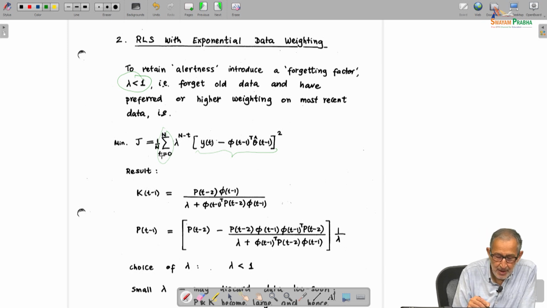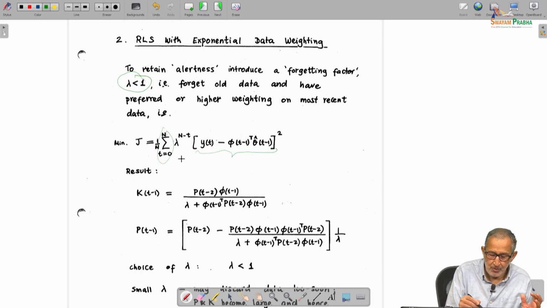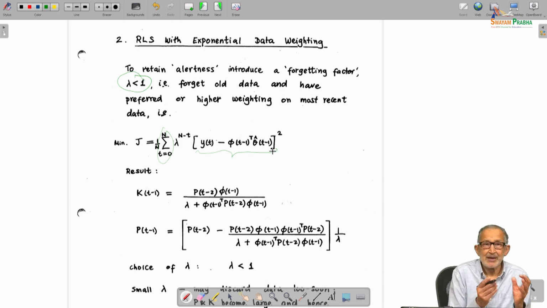However, when t approaches n minus 1 or n minus 2 and so on, in the beginning, when you are looking at the beginning values of the prediction error, they do not appear significantly in the loss function.